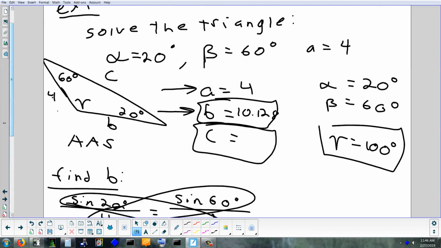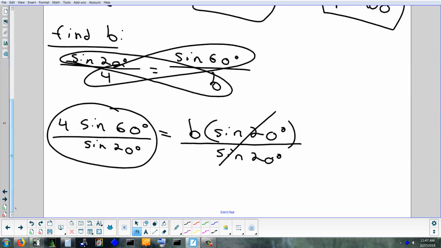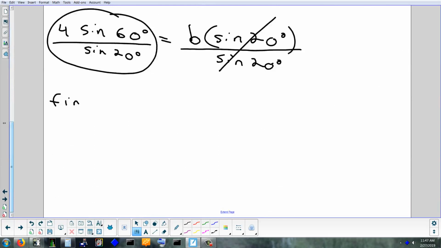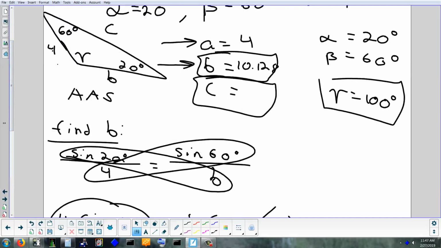Now when I find C, I have a little bit of a choice. I have two rows that have everything in them. Which row should I use? Yeah, everything there was given, and the numbers are nicer, they're not rounded. So let's go back to row A again to find C. Now we'll find C. So it's going to start out the same way the last one did.